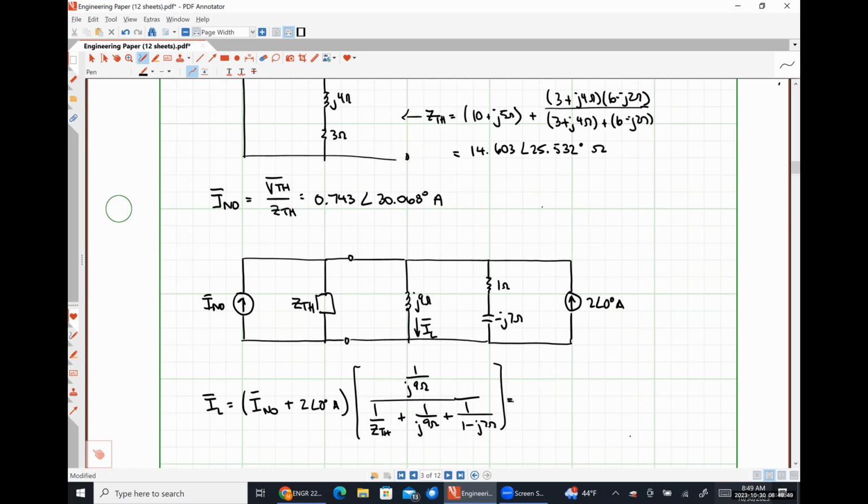So throwing this into my calculator, I'm going to have Z plus 2 times 1 over 9i, divided by 1 over ZTH, which I stored as Y, plus 1 over 9i plus 1 over 1 minus 7i.